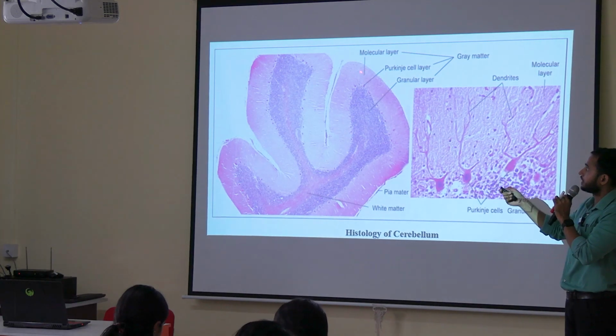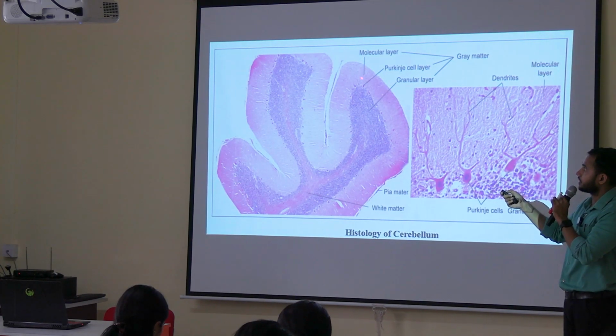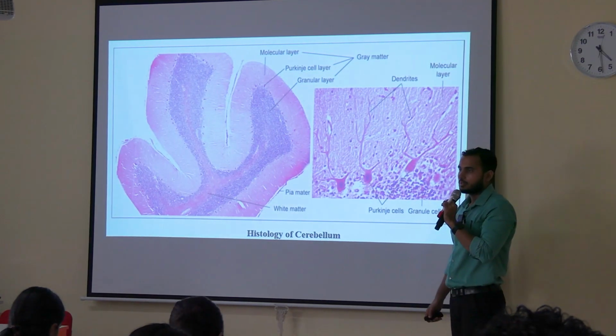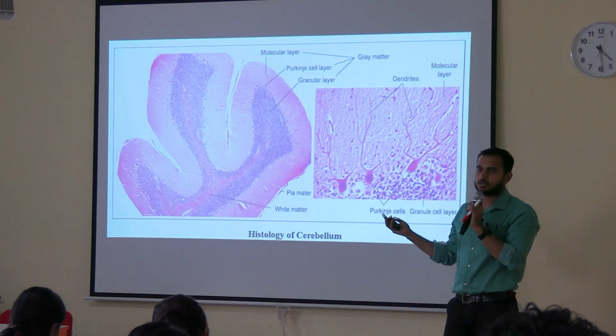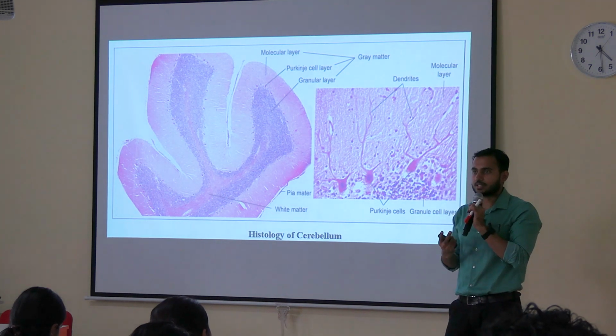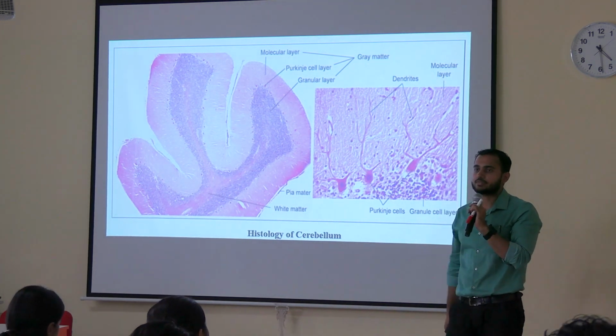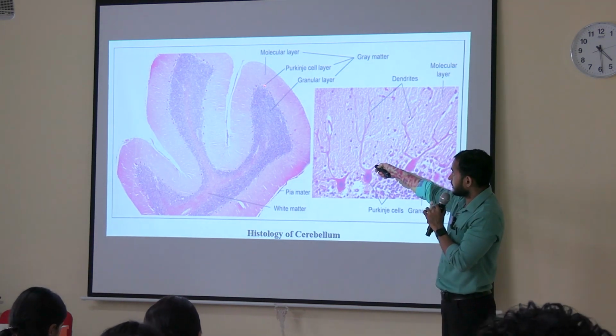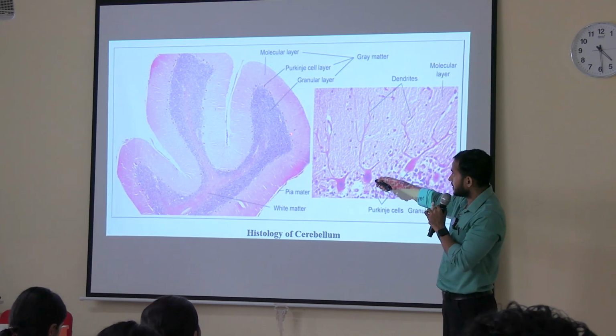Okay. Now from outer to inner, three layers are there. The first is the molecular layer. See the appearance of the molecular layer. It is brightly stained. Okay. Why? Because we have seen that only two types of cells are there. Remaining completely it is filled by fibers. Okay. Next, here you can see the second layer, that is the Purkinje cell layer.